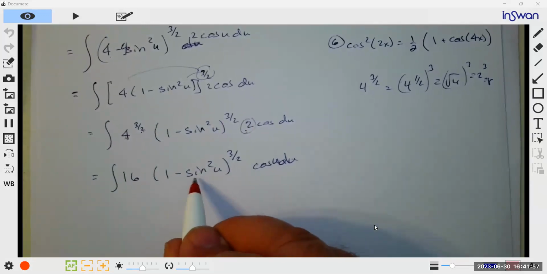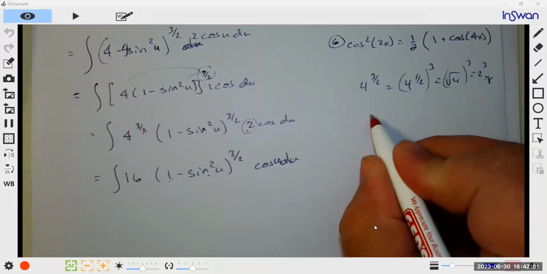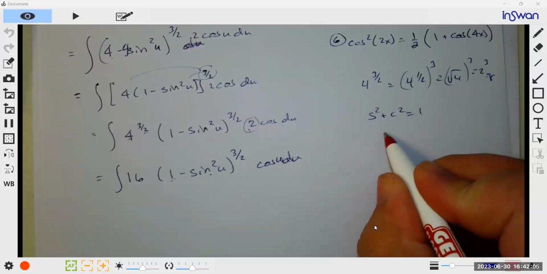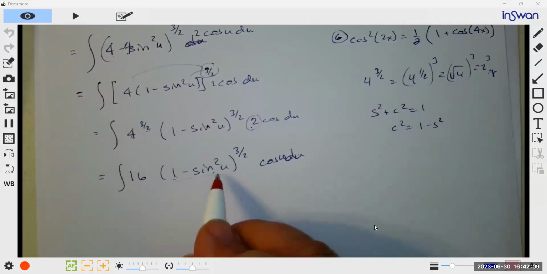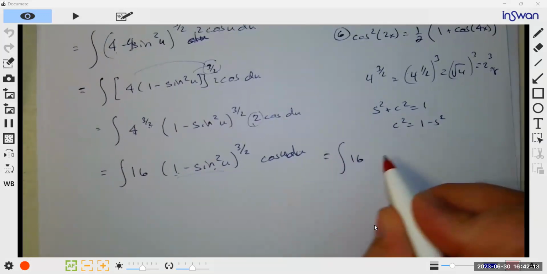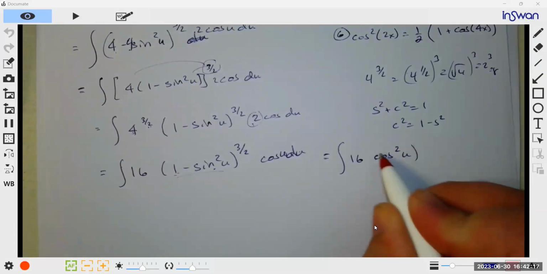All right, so we have sine squared plus cosine squared equals 1. So cosine squared is 1 minus sine squared. So this can be written as cosine squared u.